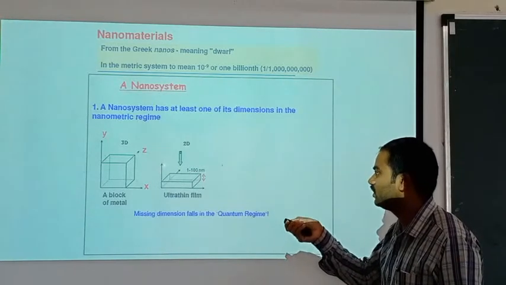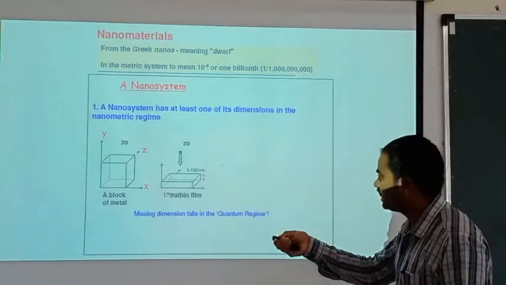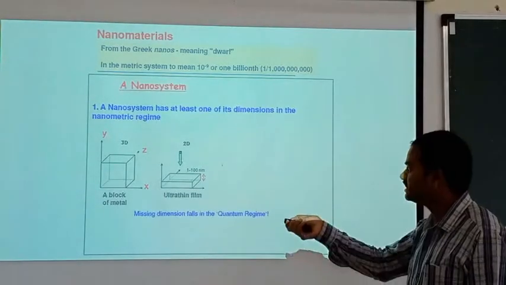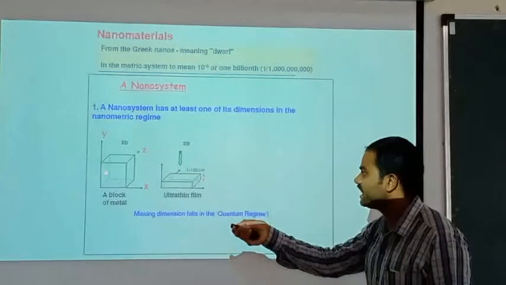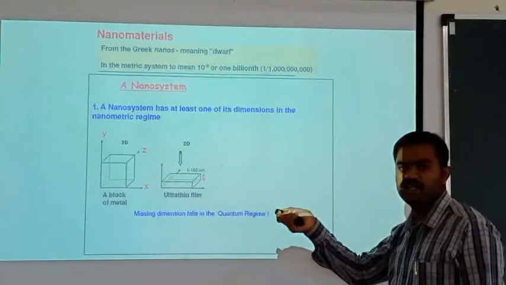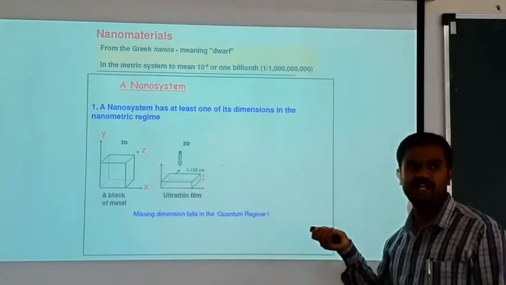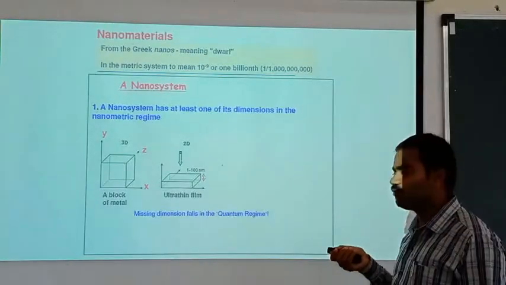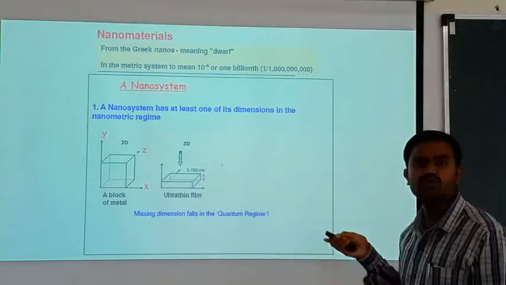Only 1 dimension has been taken down to the range of 1 to 10 nanometers, which is called an ultrathin film. So this type of material we can call a 2D material as compared to 3D. Here 3D has 3 axes, x, y, and z. If you cut down 1 dimension, the object becomes 2-dimensional, and the third dimension is very small, in the range of 1 to 100 nanometers. So this is called a 2D material.